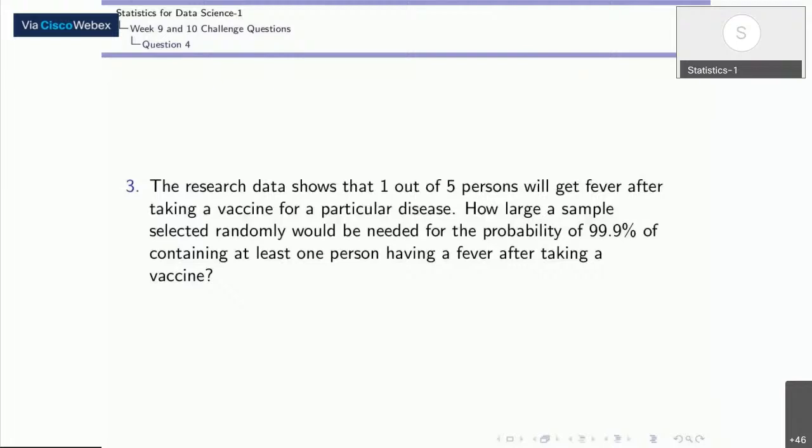We started this problem at 2:53. I will give you time until 3, or let's take 3:05.